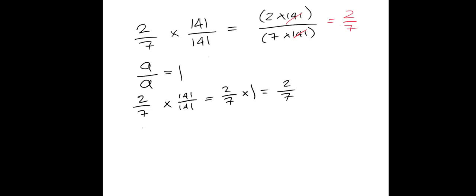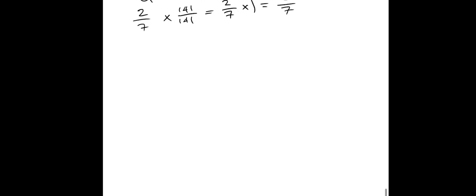Let's look at a variation of that. It's a little bit more advanced. Let's do 3/7. Let's do 131/7, which is fine. It's just an improper fraction, over 4 over 131.